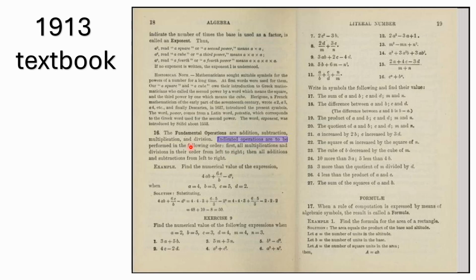Indicated operations are to be performed in the following order. First, all multiplications and divisions in their order from left to right, then all addition and subtractions from left to right. So, I see a lot of arguing, a lot of people assuming, why would you start in the middle, et cetera, et cetera. It's really the way it's always worked. A lot of people just forget.